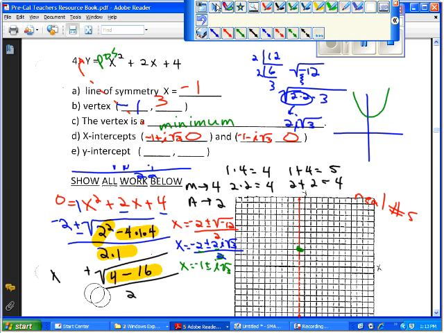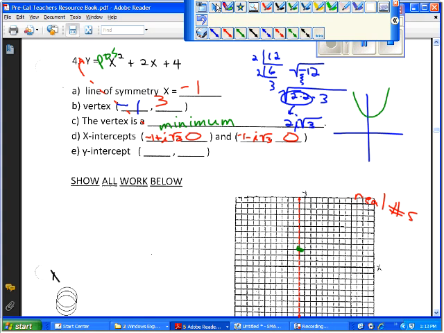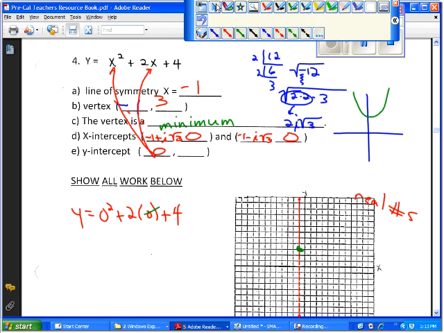And then we want to find the y-intercept. And the y-intercept is the value of y when x is 0. So here, we would replace both x's with 0. And we would have y equals 0 squared plus 2 times 0 plus 4. And obviously the zeros take those out, and we get y equal 4.